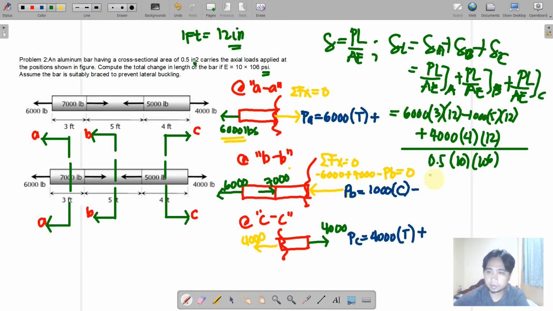Okay, so computing now the total deformation, we have 6,000 times 3 times 12 minus 1,000 times 5 times 12 plus 4,000 times 4 times 12, divided by 0.5, divided by 10, divided by 1 million.